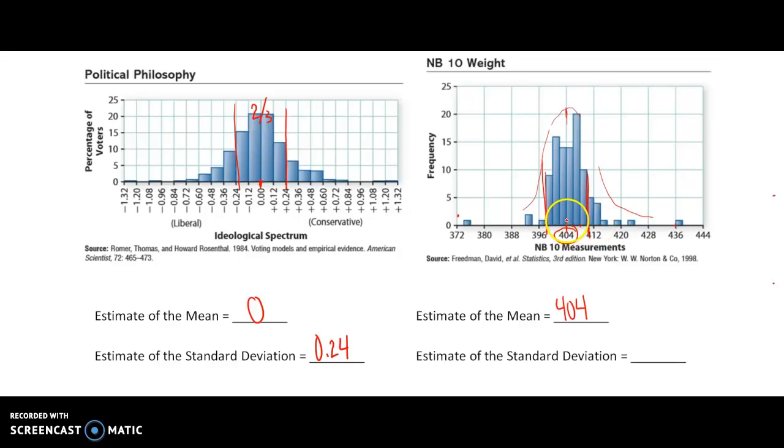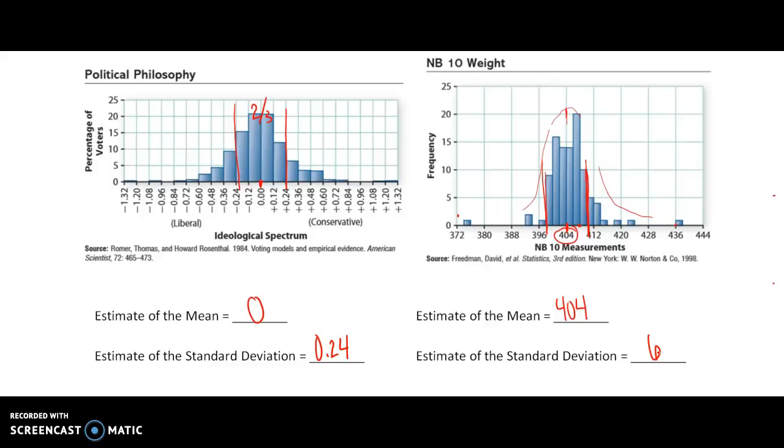So if I want to know the distance from this mean, 404, to where I made this other line where I'm saying about 2/3 of the data is, I'm thinking it's 3/4 of the way to 412. So from here to here is 4. Half of that would be 2, so 4 plus 2. I'm going to say that the standard deviation is about 6. Okay.